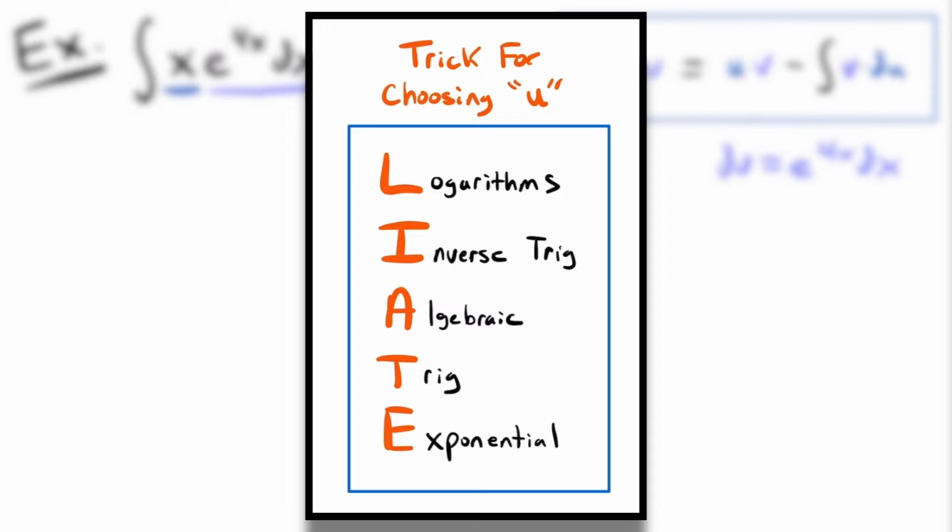If you have a product of two functions and you know you want to use integration by parts, and you can identify what type of functions you have within this list, whichever function is higher up in the list, you want to set that equal to u. This is a guideline that you can follow if you'd like. However, it's not going to work for every single integral where you want to use integration by parts.